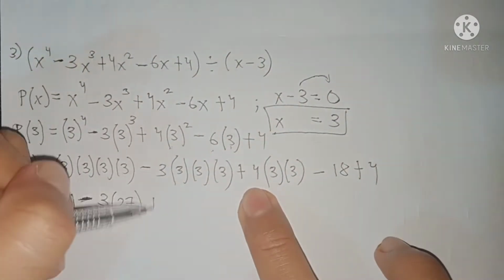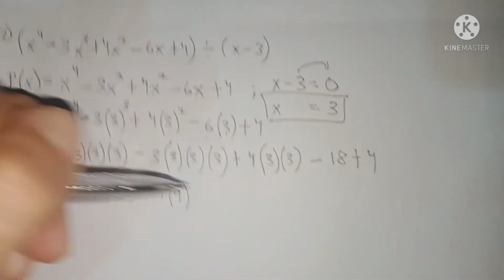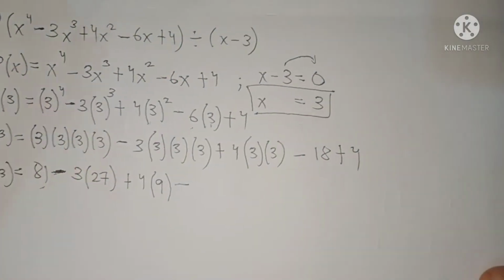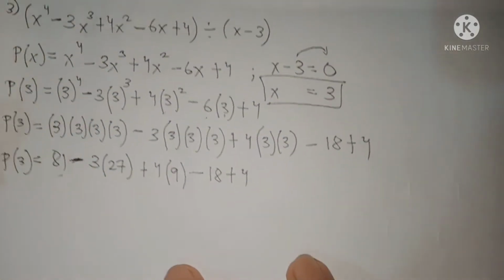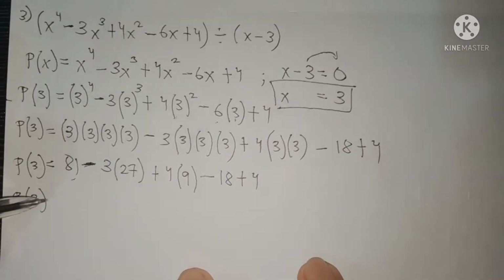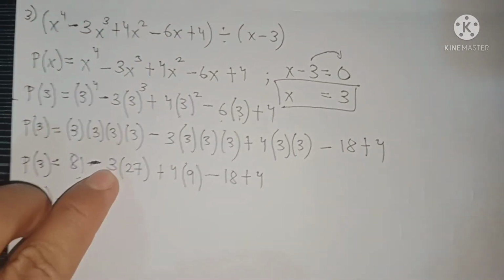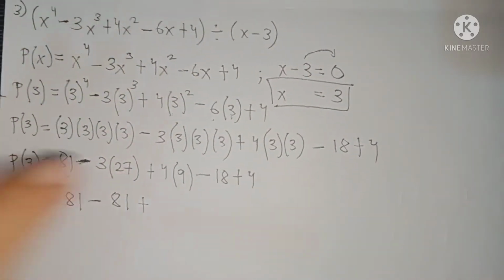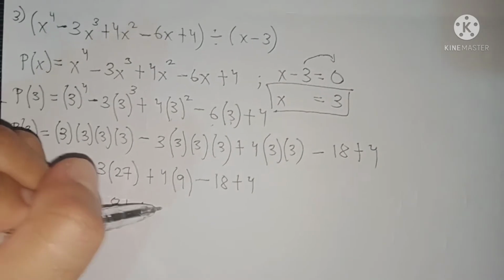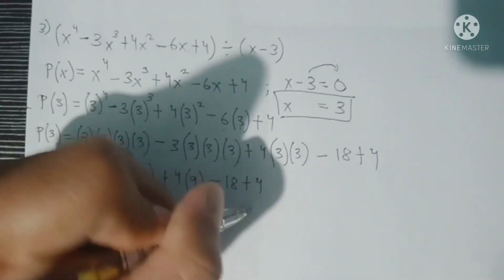So plus 4 times 3 is 9, and then minus 18 plus 4. So you have p of 3 equals 81 minus 3 times 27 is 81, and then 4 times 9 is 36, and then minus 18 plus 4.